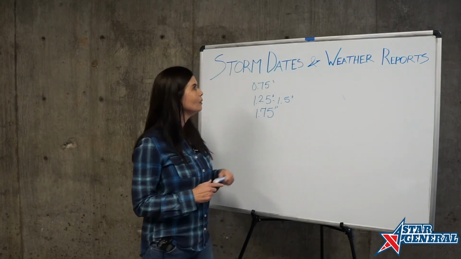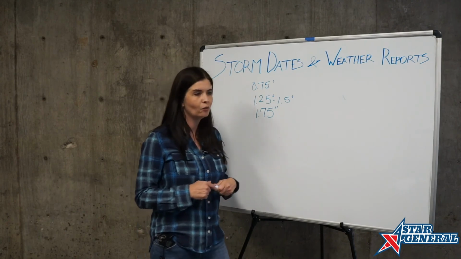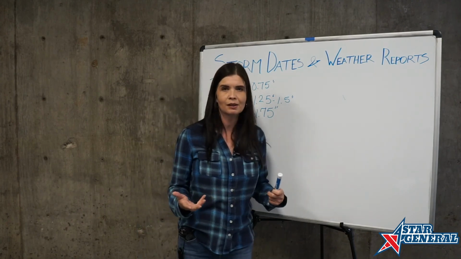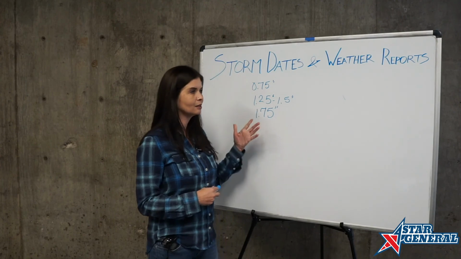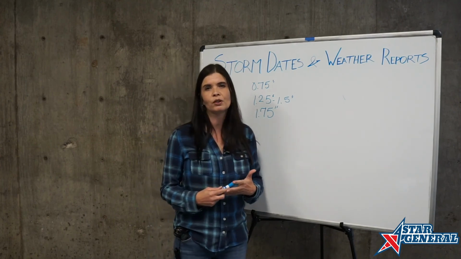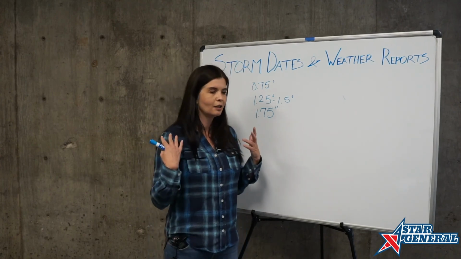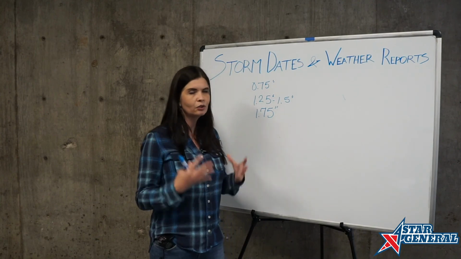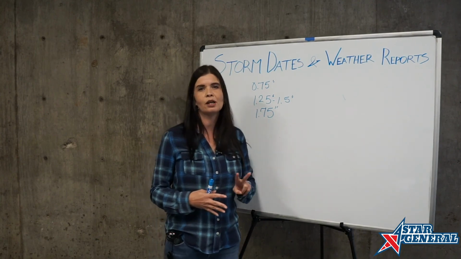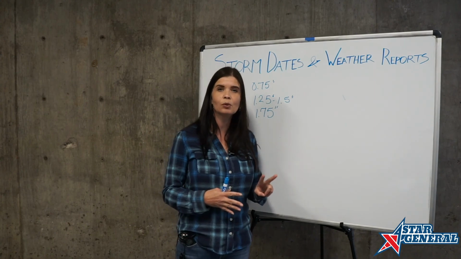Now, if you have a weather report that just doesn't make sense, the weather reports that we pull first are very generalized. They are not nearly as specific as the 2 other types of weather reports that we can pull.